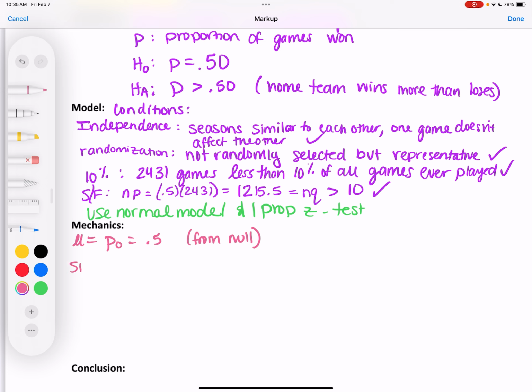The standard deviation of p hat is the square root of p sub 0 q sub 0 over n. So this is 0.5 times 0.5 divided by 2,431, obviously all under the square root.